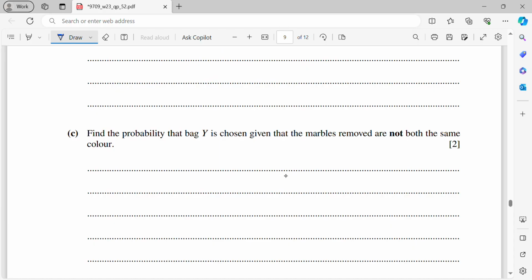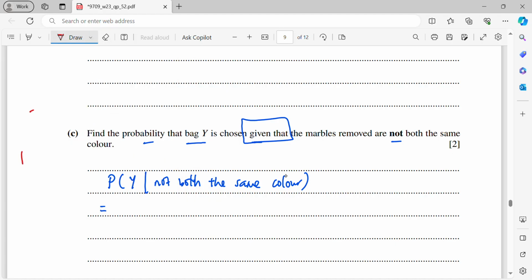Okay, now C, find the probability that back Y is chosen, given that, this is the keyword for conditional probability, the marbles removed are not both the same color. Okay, so P of back Y, but not both the same color. That means now since this is conditional probability, our formula is P(A|B) equals P(A intersect B) over P(B).